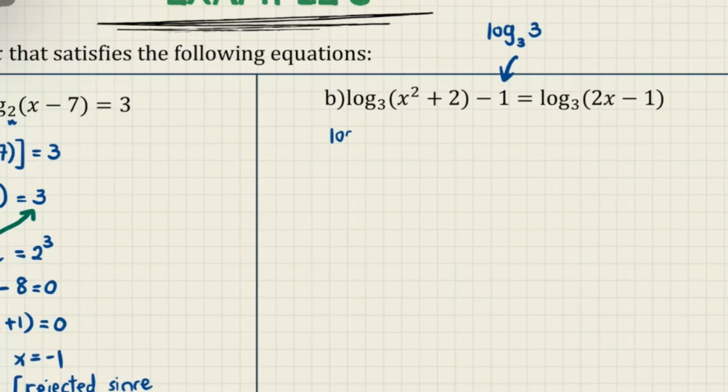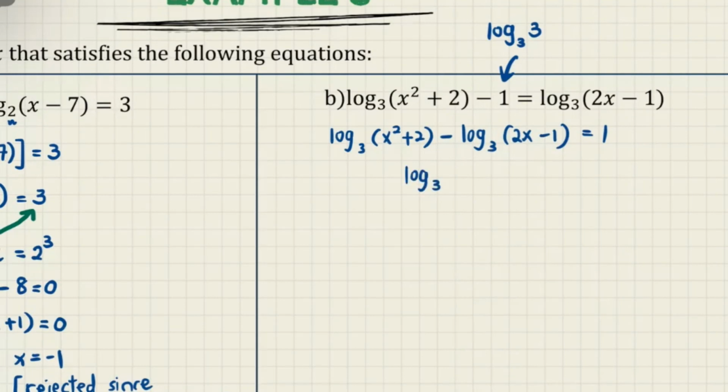So log base 3 x square plus 2 minus log base 3 2x minus 1 equals to 1. Okay, ni yang pertama. And then kita ada minus. So minus dia boleh ubah kepada divided.